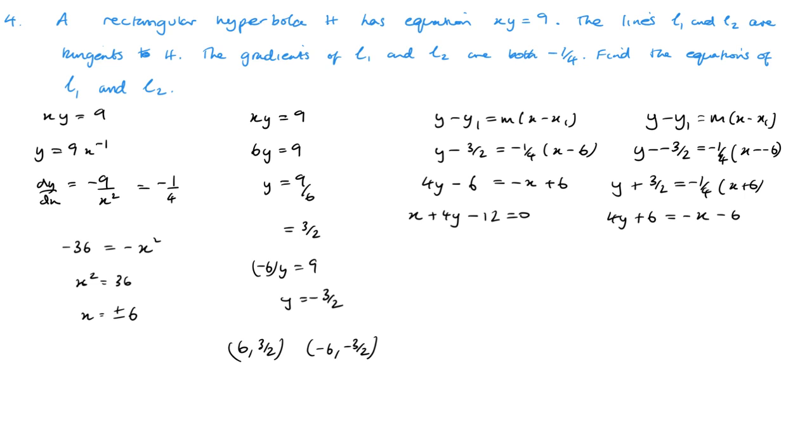Again, take it to the side where x is positive, so x plus 4y plus 12 equals 0. And that is an 11 mark question. Ridiculously easy for 11 marks, I think.